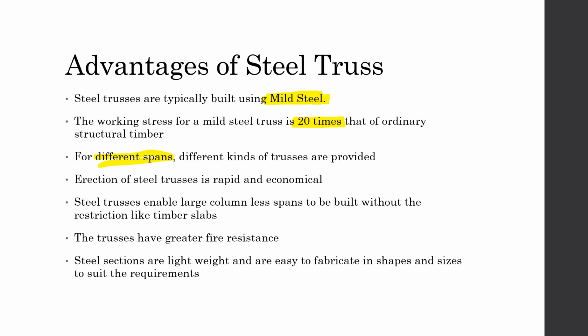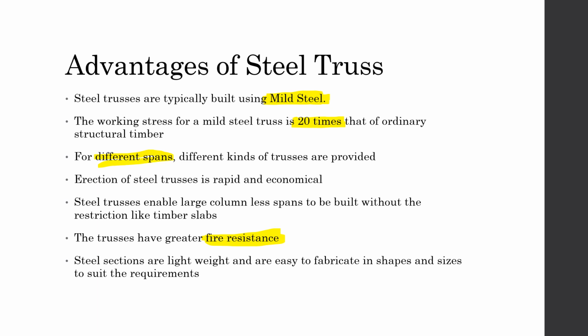Then trusses have a greater fire resistance. Like we discussed in the previous video, fire resistance is very important, and even though steel is not fireproof but fire resistant, it takes time to reach the critical temperature for mild steel to be affected. Then the last point is that steel sections are lightweight and easy to fabricate in shapes and sizes to suit the requirements.